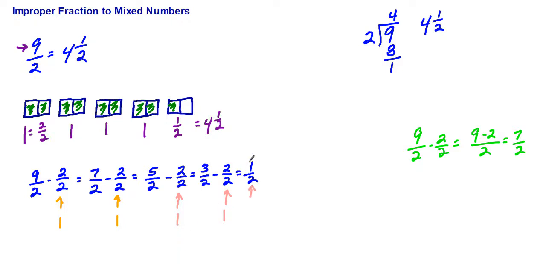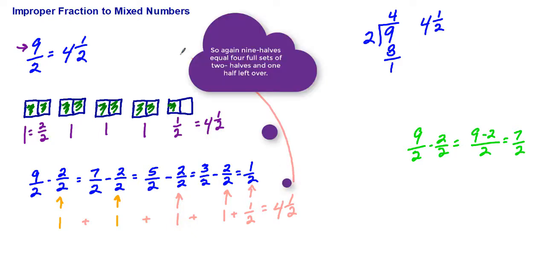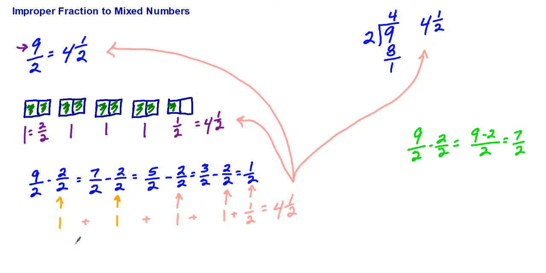And now we have less than a whole left, so that's the amount we have left. And if we add all of these together, we get 1, 2, 3, 4, and a half, which is exactly what we got doing all these other ways of looking at it. So that's the why it works.